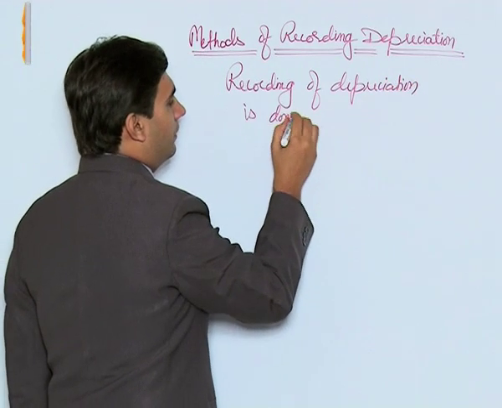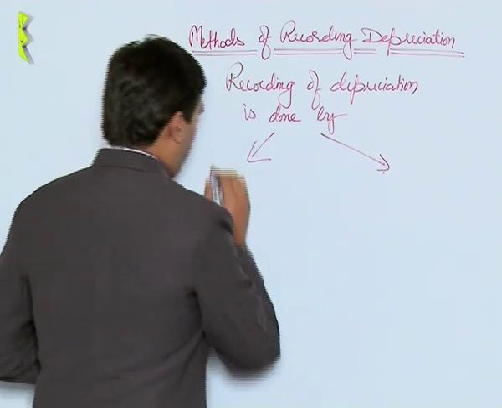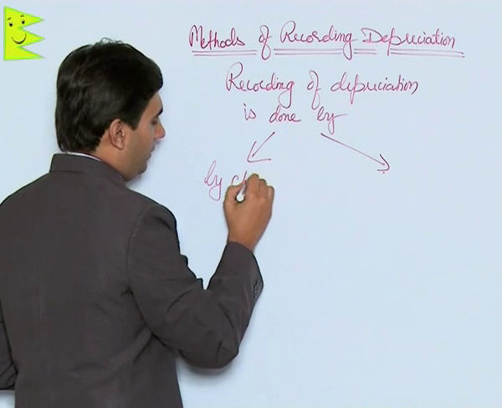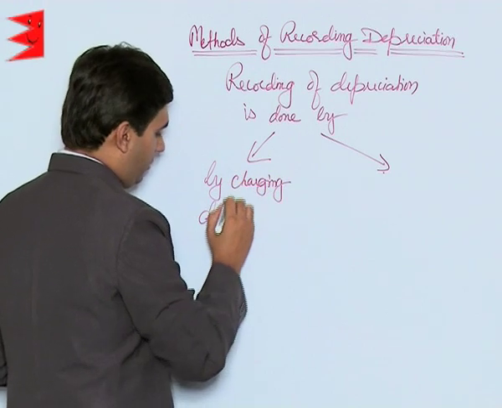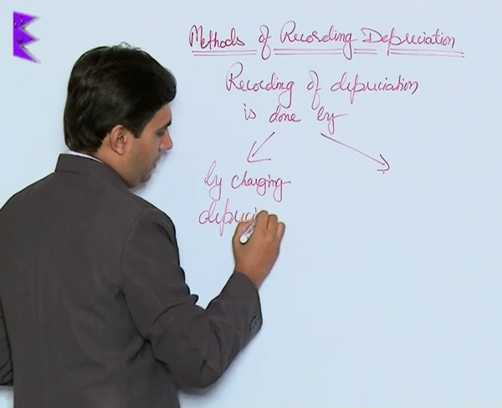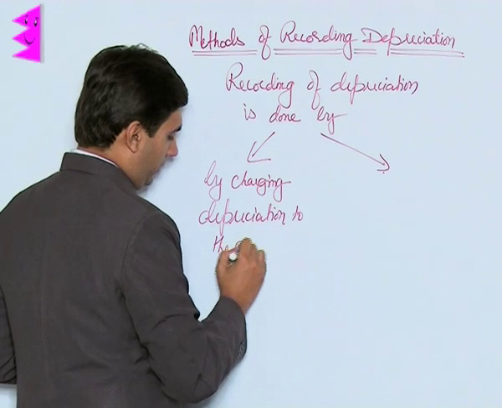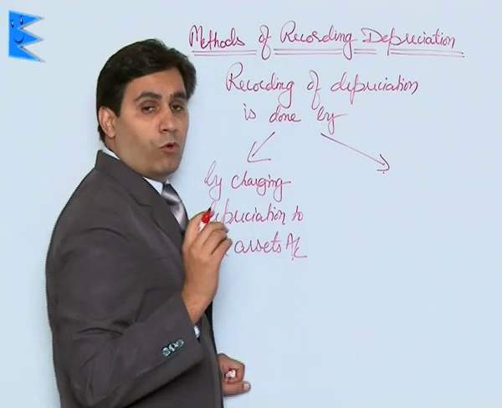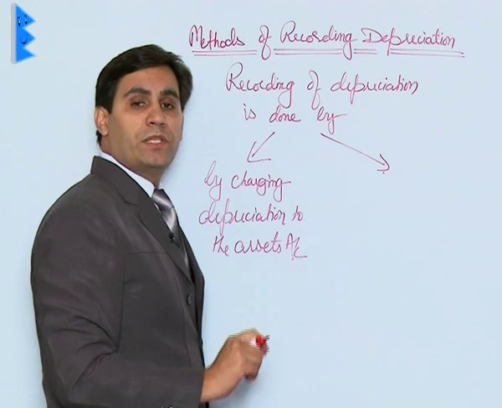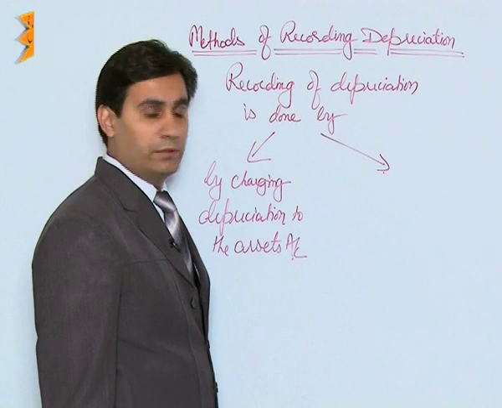First of all, by charging depreciation to the assets account. That is, whatever is the depreciation is reduced from the cost of the asset or from the book value in the beginning of the year.